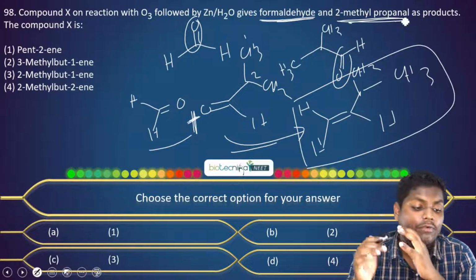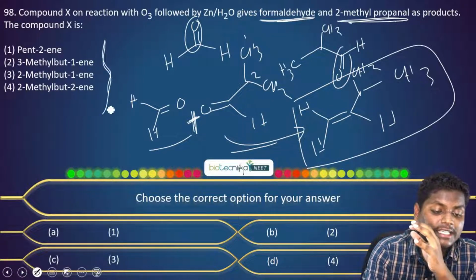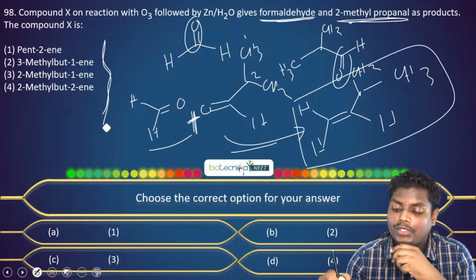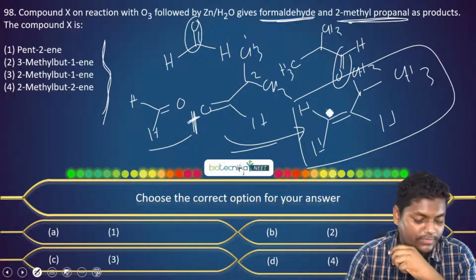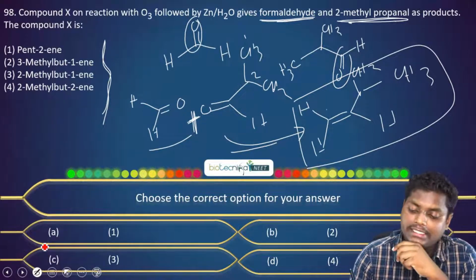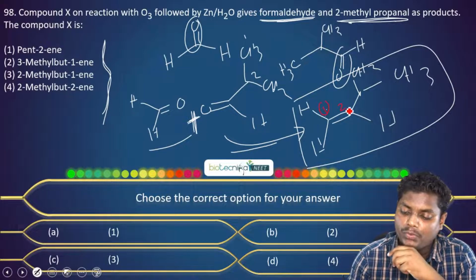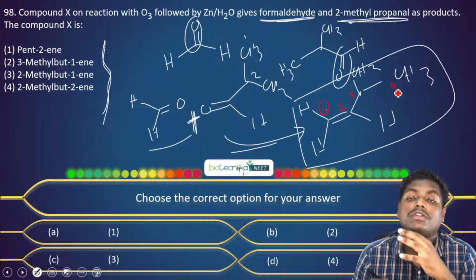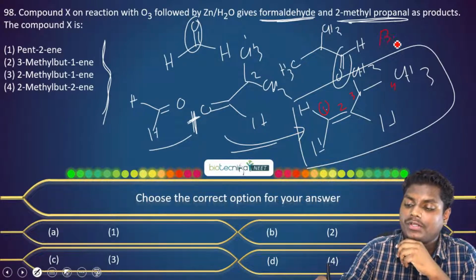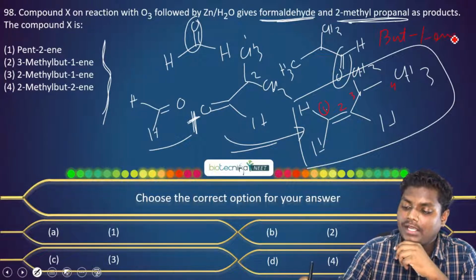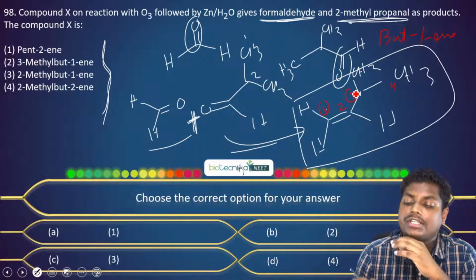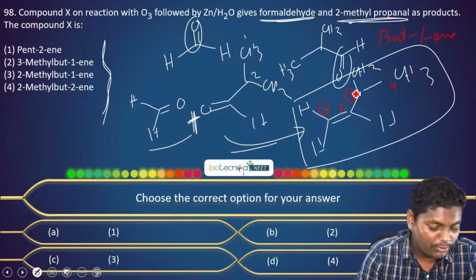Also, they are asking us the nomenclature for it. So how can we do that? We can start numbering from the alkene side: 1, 2, 3, 4. So we get butene, with the double bond at position 1, and you can see at position 3 the methyl group is attached.